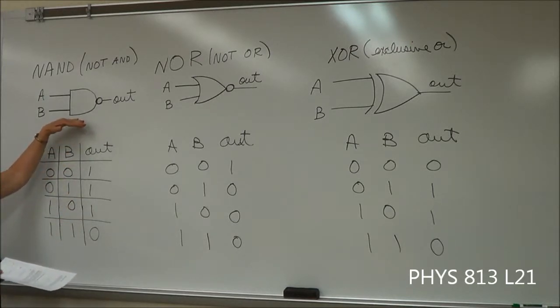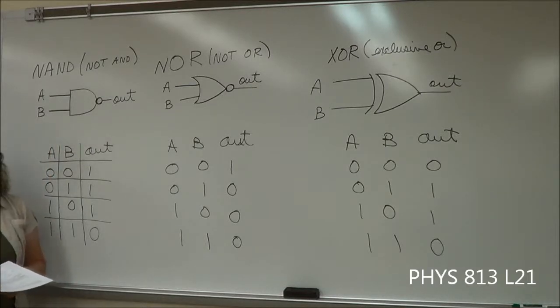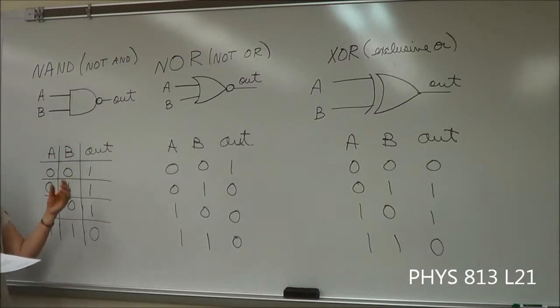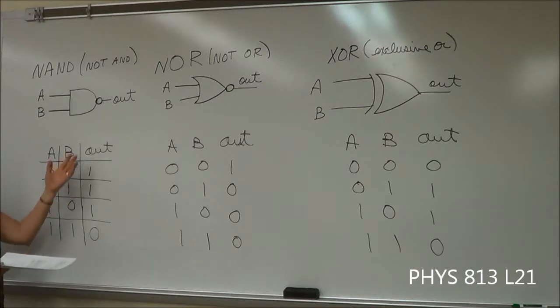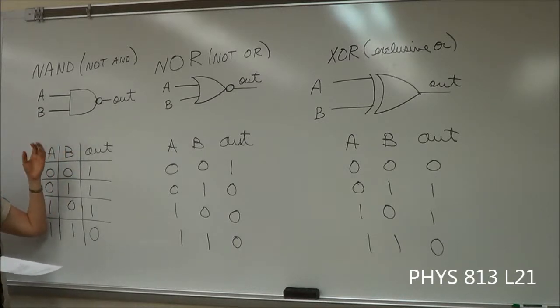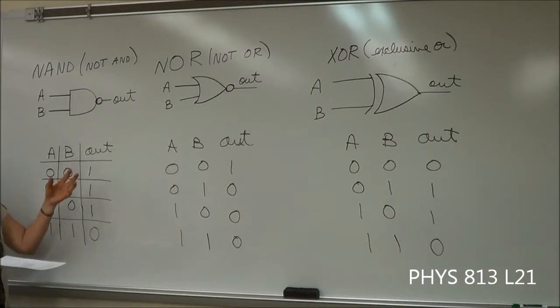So NAND gates are very simple to make with transistors. So if you have a bunch of those around, you can put them together to get the other things. So from the electronic point of view, it's fairly simple to have a bunch of these, and then it doesn't matter what kind of gate you want, you can put them together to get the thing that you actually need.